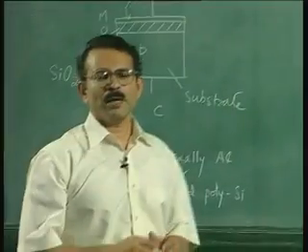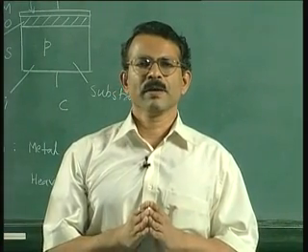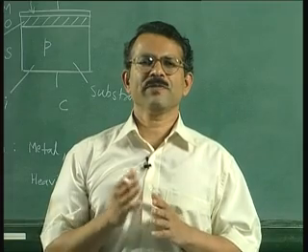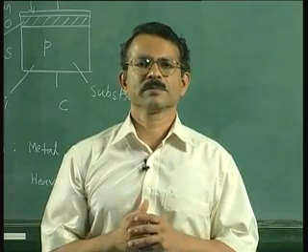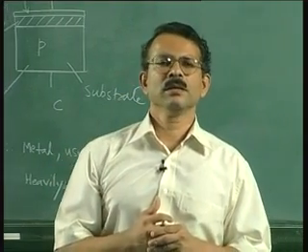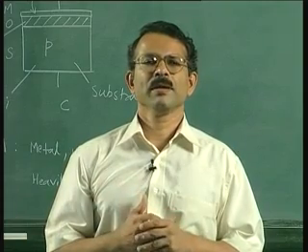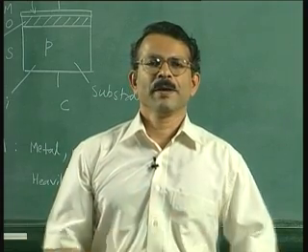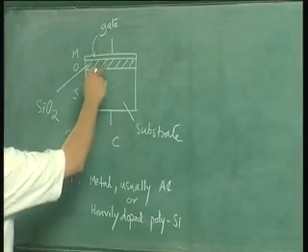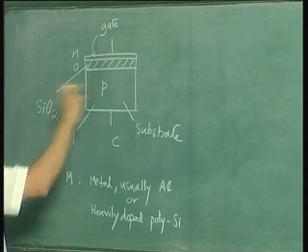Now some important things that we need to understand about this structure is that generally the gate is of a different material than the substrate. Even when the gate is made of polysilicon, doping in the gate is different from the doping in the substrate. Therefore there is what is called a contact potential between the metal and the substrate.